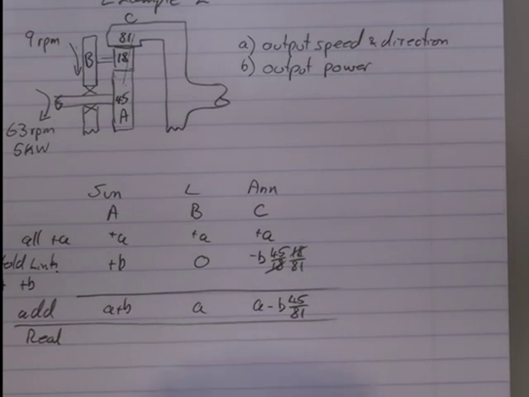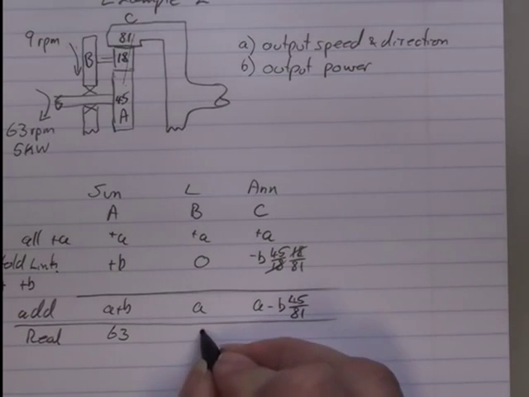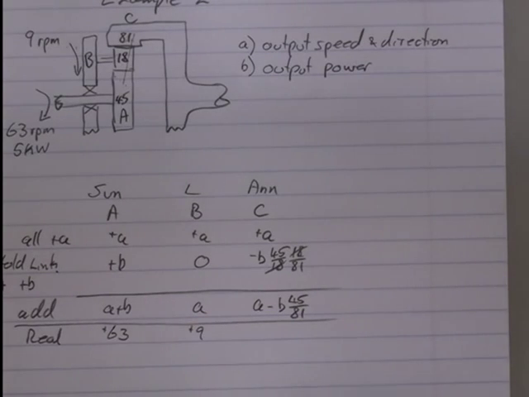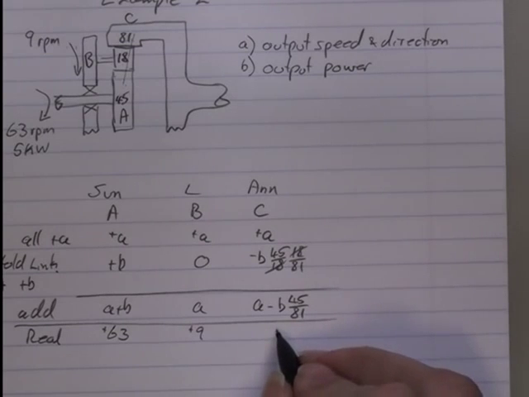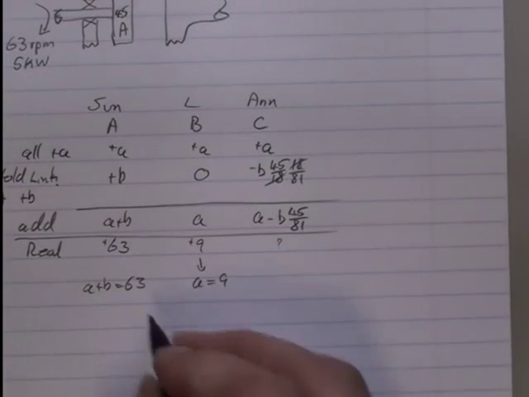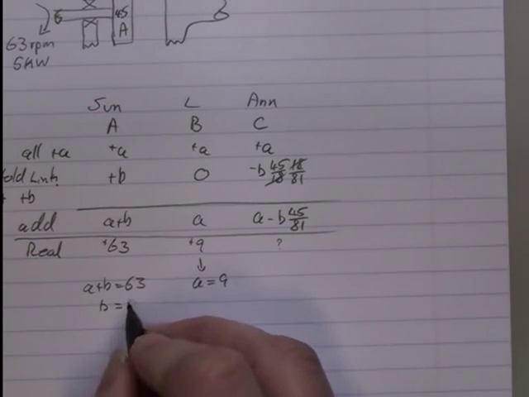Real speeds, sun gear is doing 63. My link arm in this case is doing 9. Both of them clockwise in the same direction. My annulus gear is the thing that I'm trying to find in this case. So obviously from here, A is equal to 9, A plus B equals 63, therefore B is equal to 54.